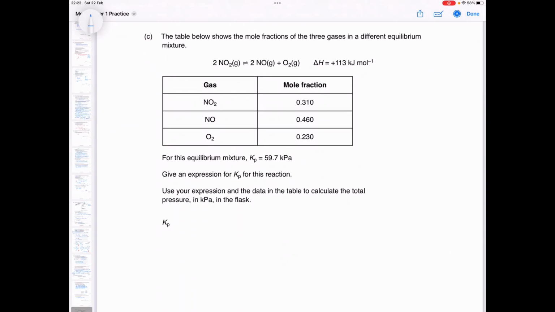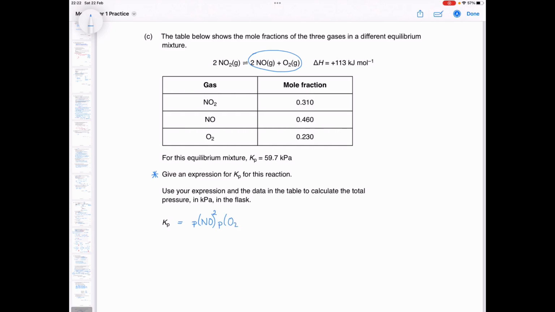So in this part, we're looking at the same equilibrium, but with 3 new mole fractions, and they've given us a value for Kp. First part of the question we have to answer is to give an expression for Kp. So we first look to the product side of the equilibrium to write the partial pressure of NO times the partial pressure of O2.